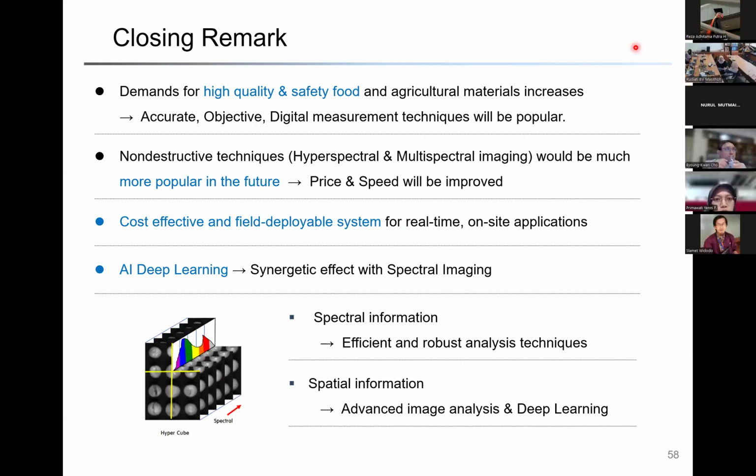What about the distance between the probe and the samples? It doesn't matter. It's about the intensity of your spectrum. The maximum intensity of your spectrum should not be saturated, right?